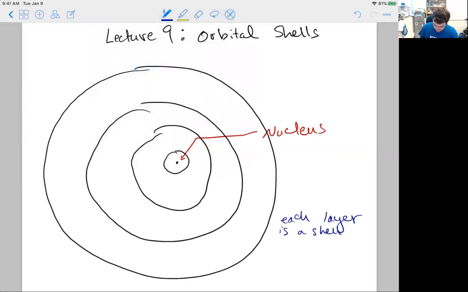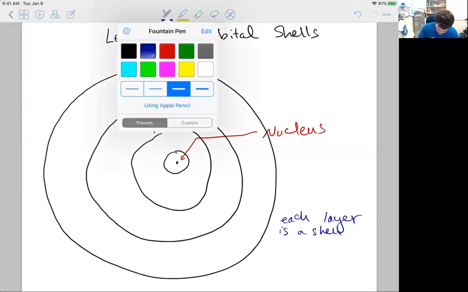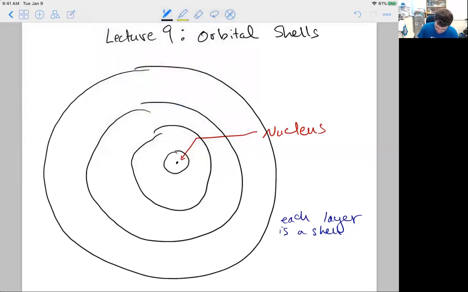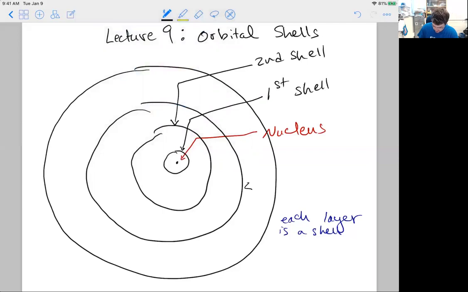Okay. So what we do is we sort of label each of these shells from one starting in the middle. This is the first shell, or we would call that the one shell. Coming outward from the nucleus to the next shell, we get to the second shell, then the third shell, and lastly for us, not really even for us, just lastly in terms of practicality, the fourth shell.